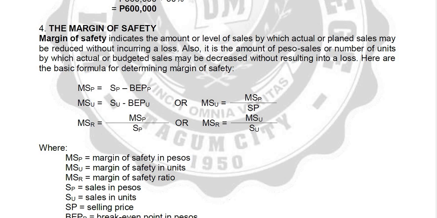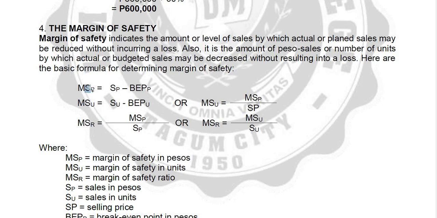So, meaning yung sales volume mo, pwede mag-decrease up to 40,000 na hindi ka pa malulugi. Kasi, kung mag-decrease mo ng sales volume mo, for example, from 100,000, mag-decrease siya ng 40,000, still, nandun ka pa rin sa break-even point na level. So, wala pa ring profit, tsaka hindi ka pa malulugi at that point. So, that's margin of safety.